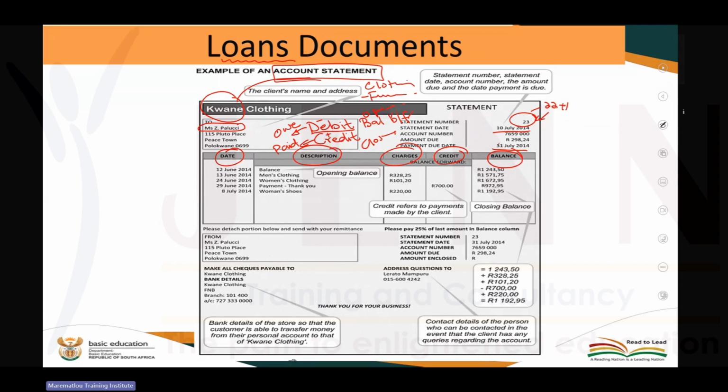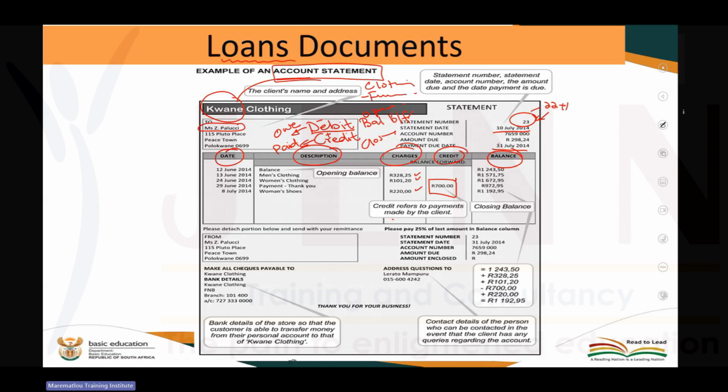So it depends how that particular store or shop puts their statements. In this case, they decided to have a column for the credit. And here, this is 700. They said the credit refers to the payments made by the client. It's plus, you have paid something into your account. So these are the debits, this is what you are owing.